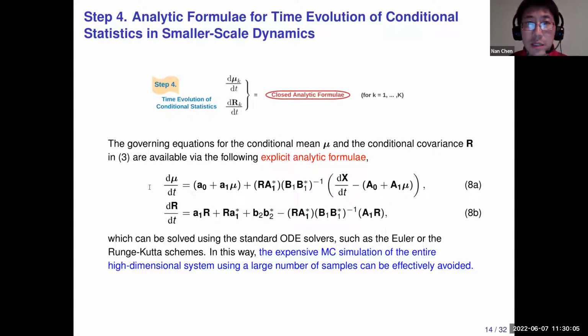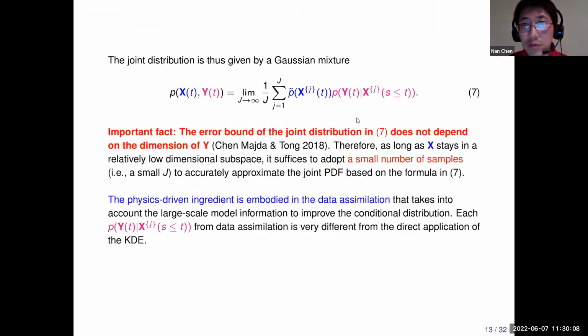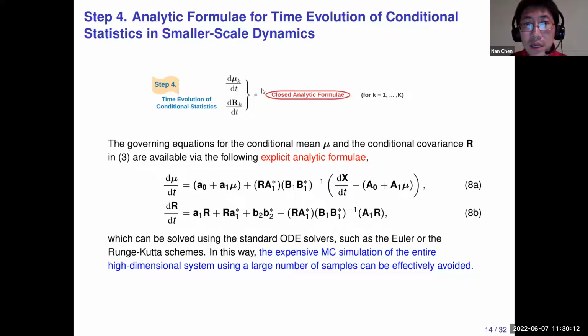So then step 4 is how to solve this conditional distribution, P of y given x_j. And as I said, these two-moment equations can be written down using closed analytical formulas. Just for the completeness of this step, I write down the details of this analytical formula. This A0, A1, and this B1, B2, are just the right-hand side of the original equations.